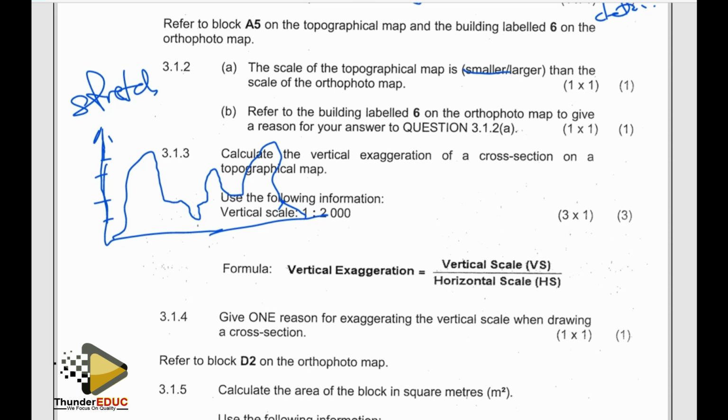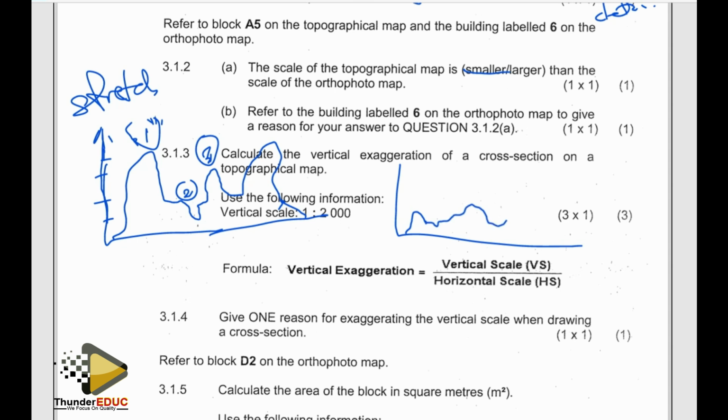If we use a small scale on the vertical scale, say this is feature number 1, maybe this is a valley number 2, this is a hill number 3, and maybe that one is another feature. If we don't exaggerate and use a small scale, maybe 1:50,000, it will come out like this. It ends there, then the valley comes here, and we go there. This feature again is just like that.